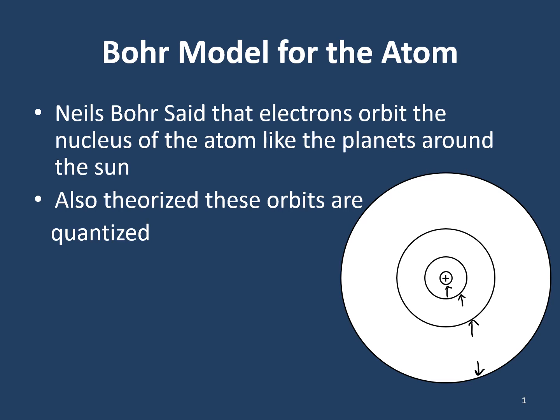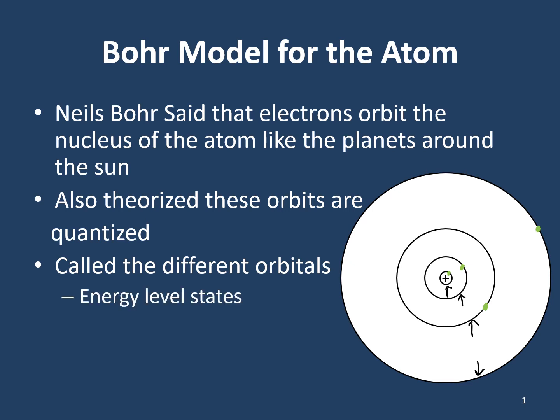So an electron can exist right on this ring, orbiting at that distance, or it could orbit here, or all the way out here, at these different distances from the nucleus. These different distances he called energy levels or energy level states.